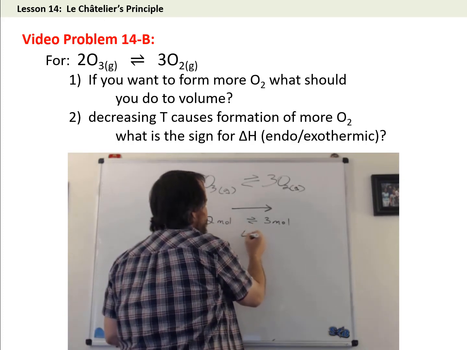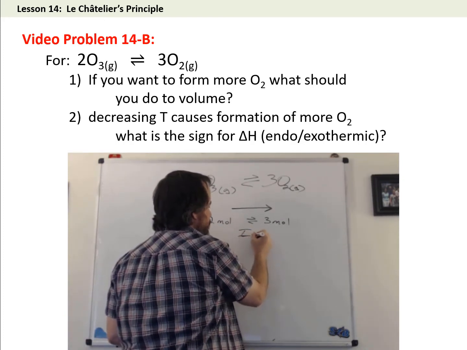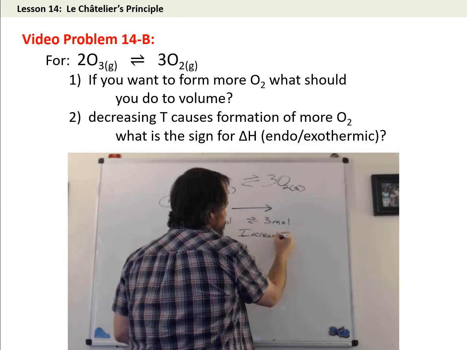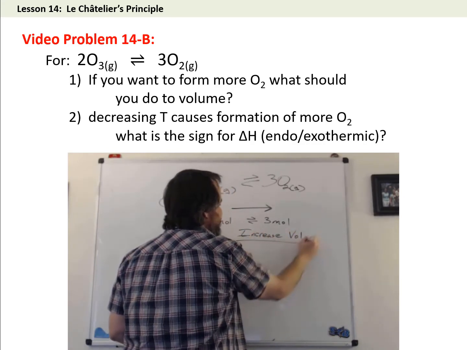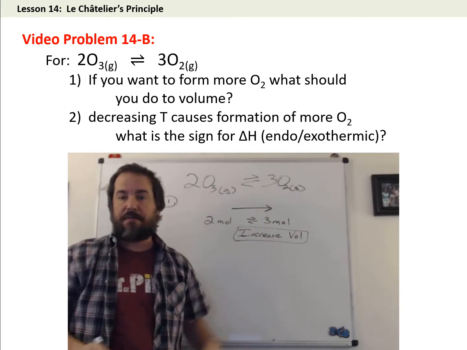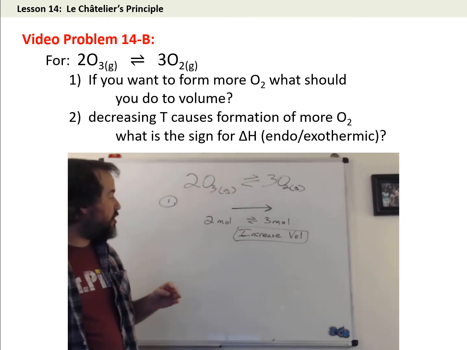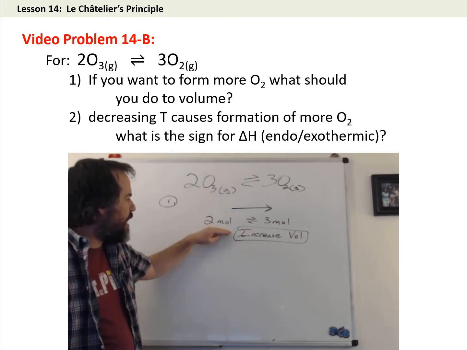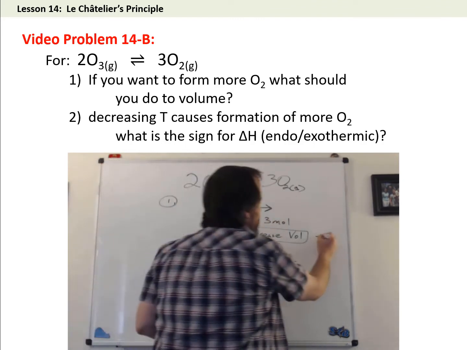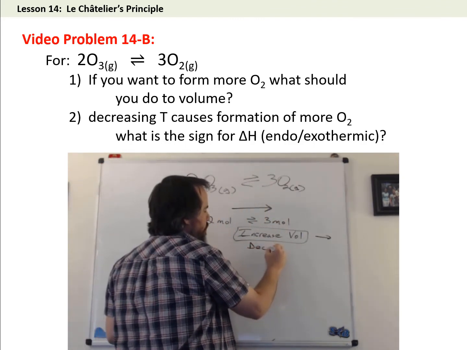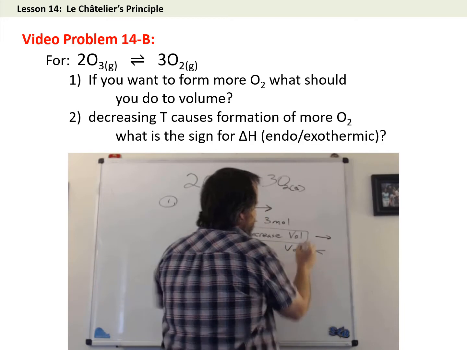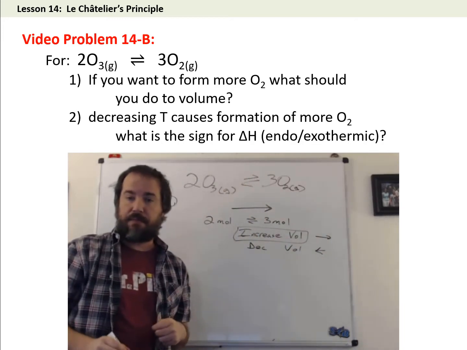So I want to increase the volume. Increasing the volume is going to cause this to shift right. If you're not quite sure how to do it, one thing you can do is just say, okay, if I increase volume, it shifts towards the right. If I decrease volume, it's going to shift towards the left. Okay, that means I increase volume.